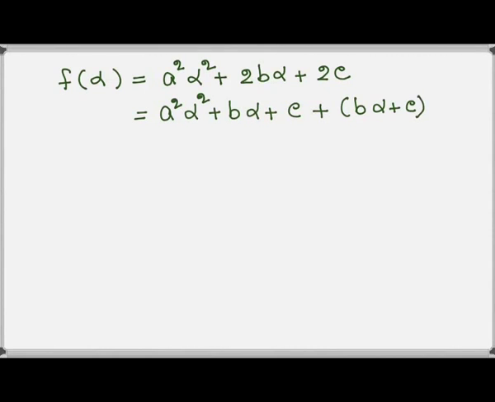Now note that we have a square alpha square plus b alpha plus c is equal to 0, as alpha is a solution of the first quadratic equation. So therefore f of alpha is equal to b alpha plus c.